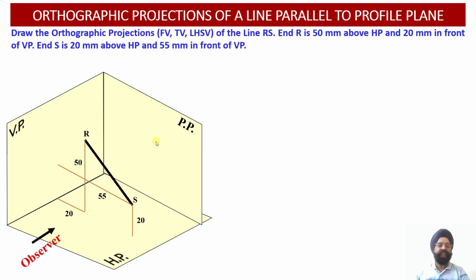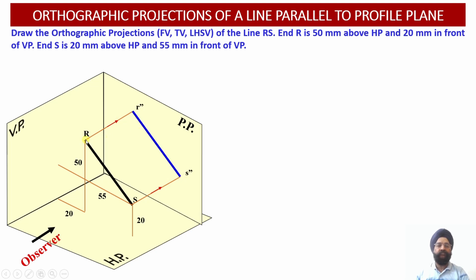The true length projection of this line RS will be obtained onto the profile plane when the observer looks at this line from the left hand side direction. When the observer is looking at this line from the left hand side, the points R and S will be projected onto the profile plane at these two positions. This position will be labeled as point R double dash, and the projection of the point S onto the profile plane will be labeled as S double dash.